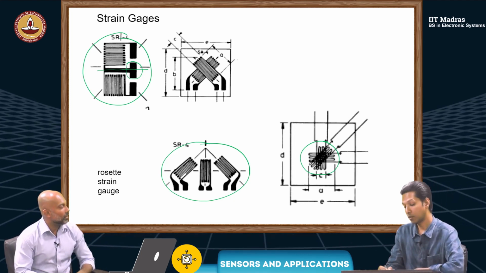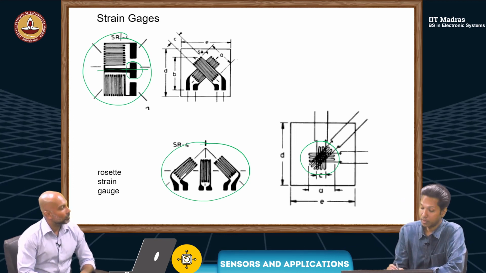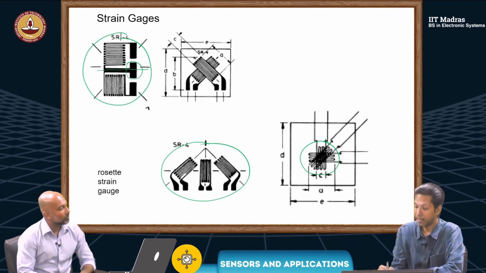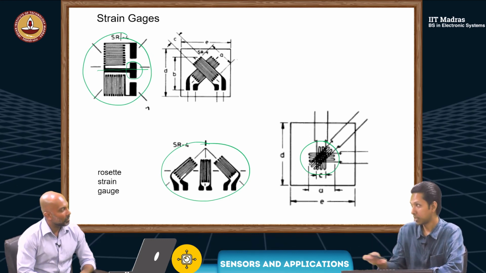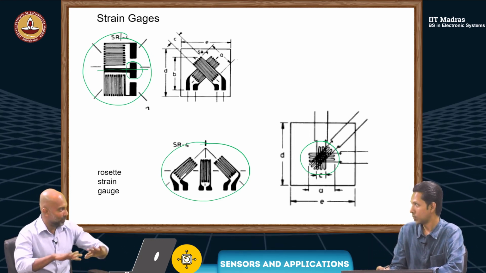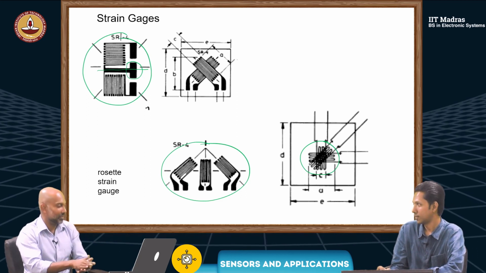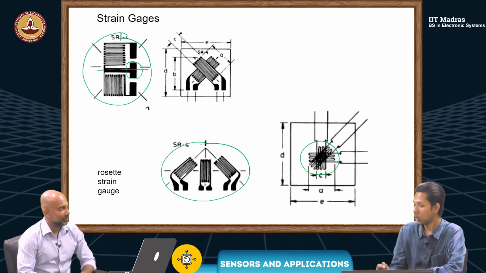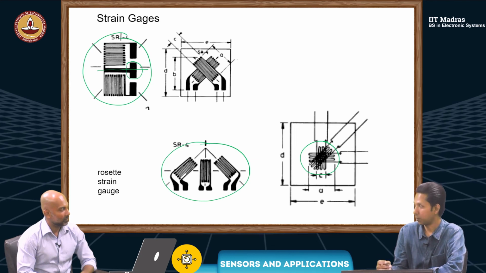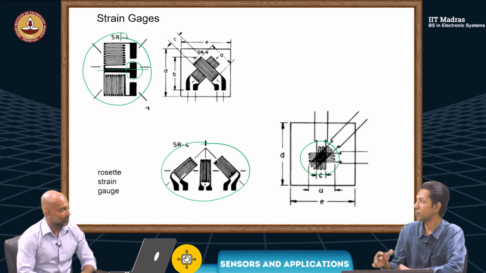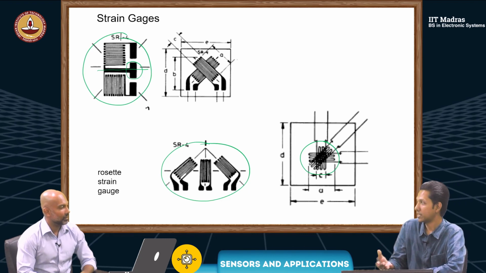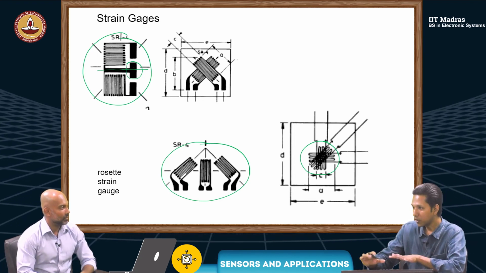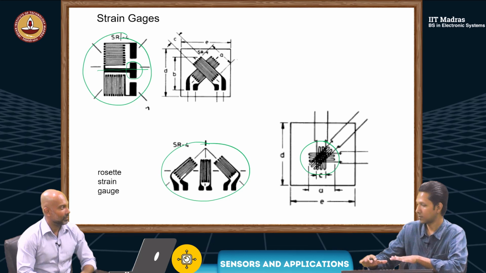Now there is a good point. These 3 strain gauges can be made on the same substrate, and then you paste that substrate on the target. Or when you etch this shape, it can be from the same material, from the same sheet, and I can etch and get these shapes. That way they are correctly placed.